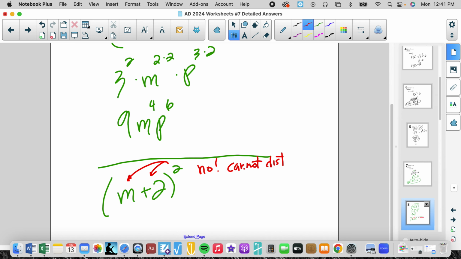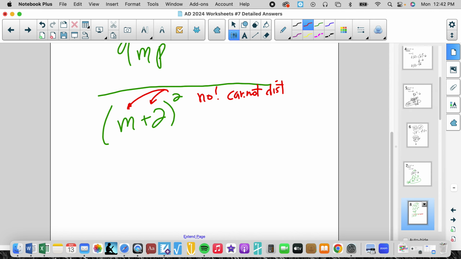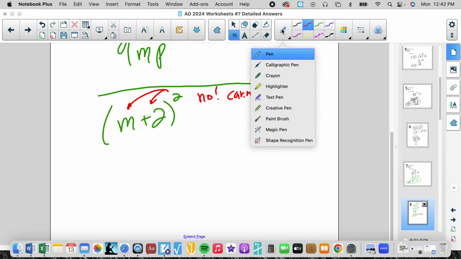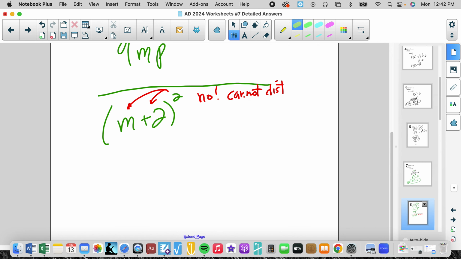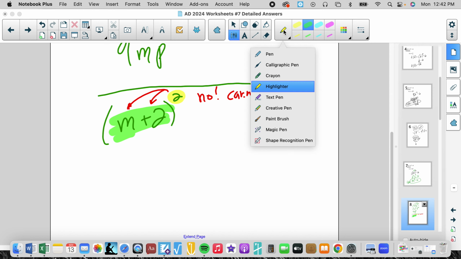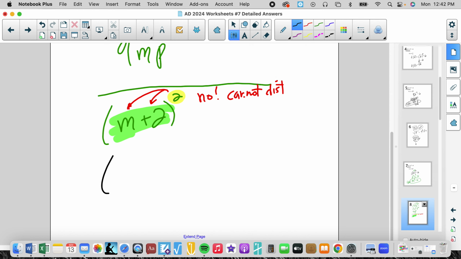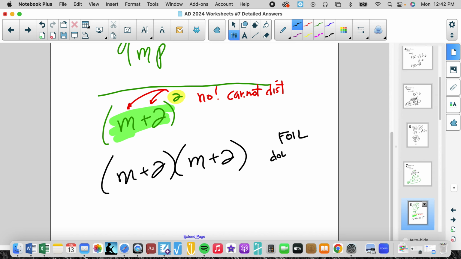We would have to use FOIL. So the way we do that is the exponent is 2, and the base is this whole entire thing. So I have 2 of those. So we can simplify that by writing them out like this. And then we would FOIL or double distribute.